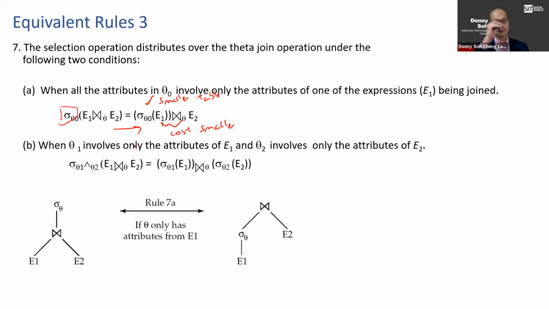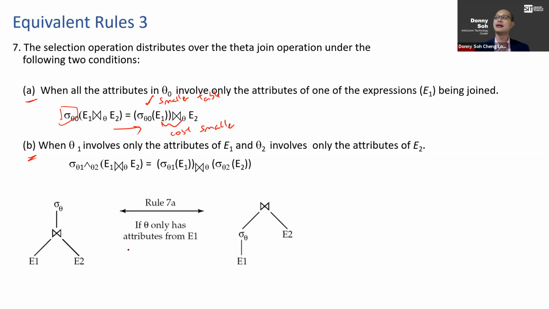Okay, so that is 7a. Let's look at 7b. When theta 1 contains only attributes of E1 and theta 2 contains only attributes of E2, then we can push it in individually in this manner.